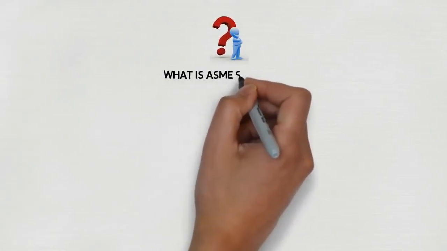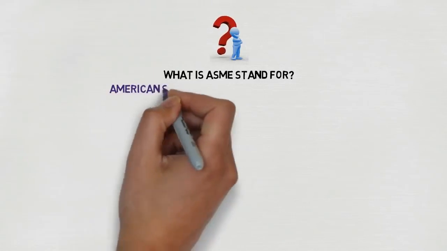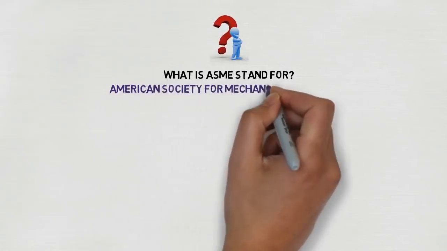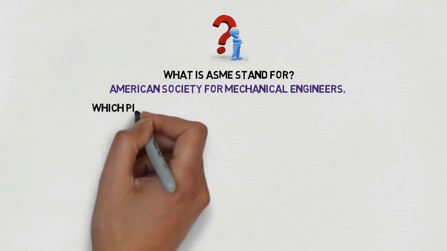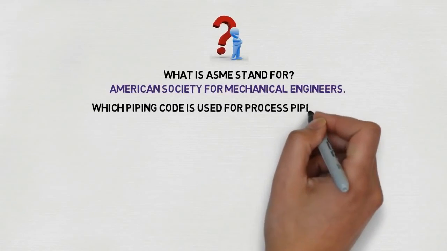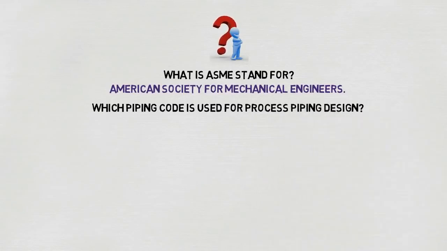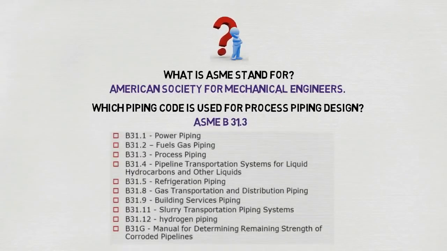What does ASME stand for? ASME is American Society of Mechanical Engineers. Which piping code is used for process piping design? ASME B31.3.